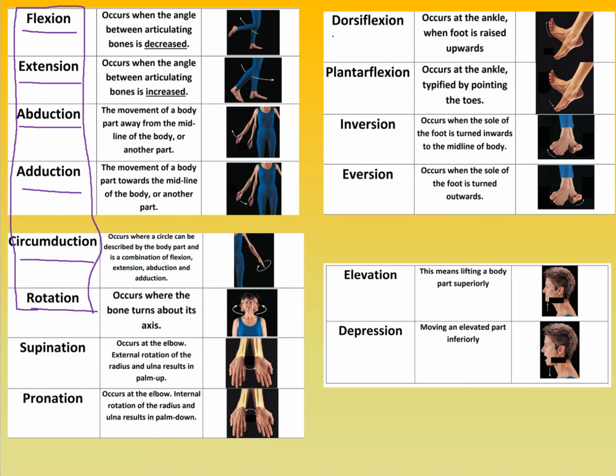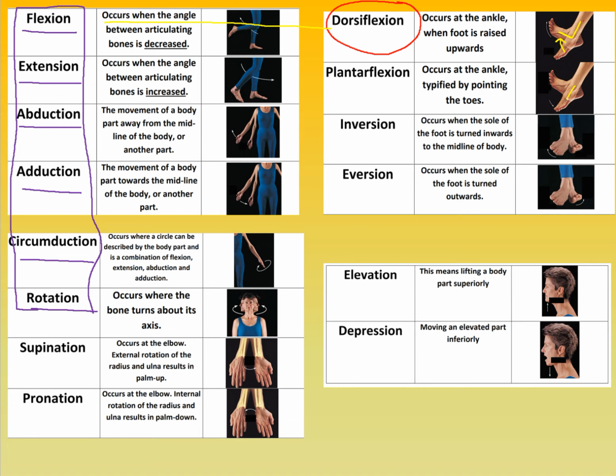So for example, dorsiflexion, let me highlight these in red. Dorsiflexion at the top here occurs at the ankle when the foot is raised upwards. So you can see, let me draw in yellow, that the angle of the ankle here is reducing. So dorsiflexion is a specific type of flexion.